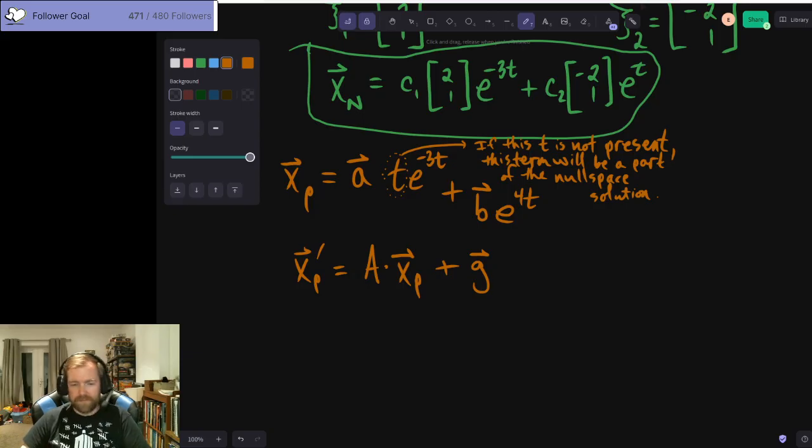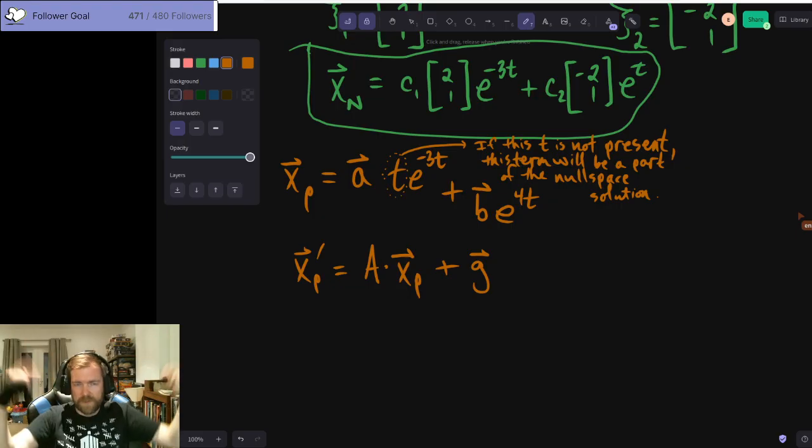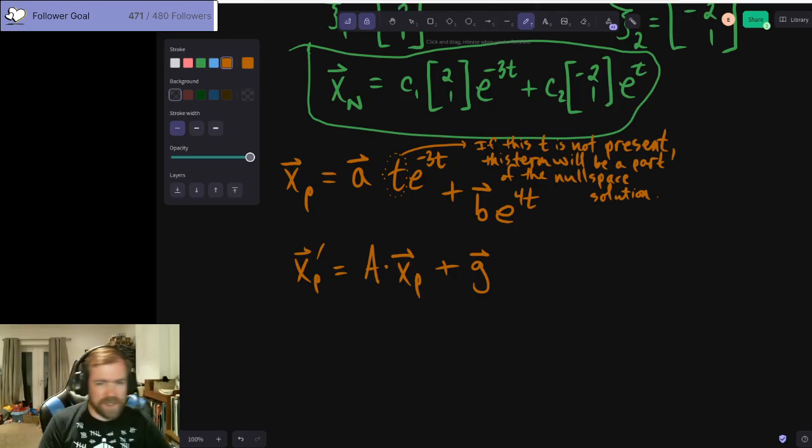Right. Because these were linear operators, our null space solution ends up separating out from the rest of them, and then it's just the stuff on the left is equal to the stuff on the right. We have both of the null space solution parts, which we said up top, they are equal to each other from the null space. And so that drops out entirely, and we can just focus on the particular solution here. We don't have to deal with the null space solution as a part of the overall system.